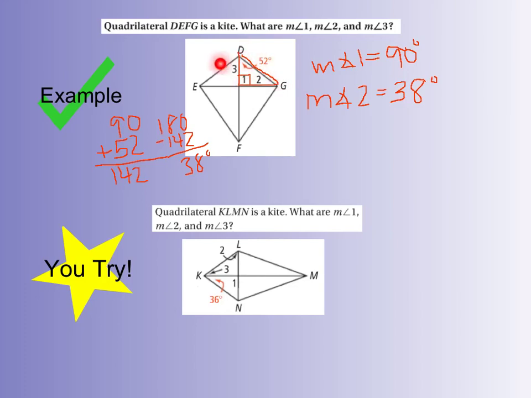Okay, so that's kind of obvious. They look the same. They are congruent. Clearly, this triangle is not congruent to this triangle, which means that this angle has not been bisected. But this triangle is congruent to this triangle, which means this angle up here, D, has been bisected. Long and short of it, if this angle here is 52, then angle 3 is also 52. So the measure of angle 3 is 52 degrees.